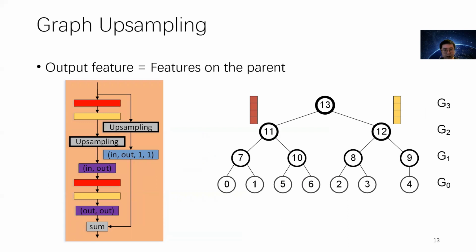The next important operator is graph upsampling. After graph upsampling, the output features on a node are equal to features on its parent. For example, after upsampling G2 to G1, features on node 7 and 10 are equal to features on node 11. And the features on node 8 and node 9 are equal to features on node 12.